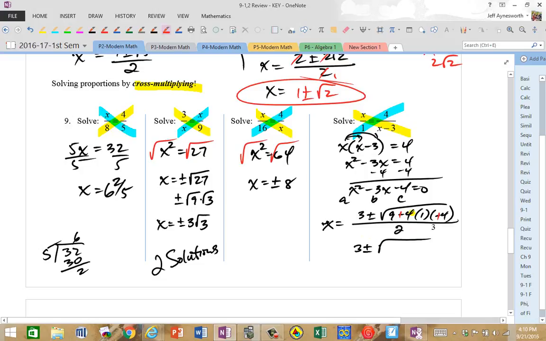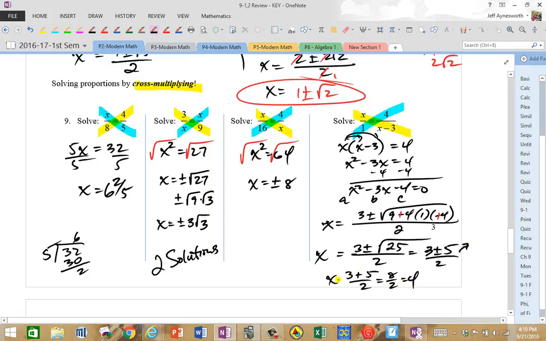Okay, look right here, double negative again. So 9 plus 16, 25. So the square root of 25 divided by 2. So that's equal to 3 plus or minus 5. Got to simplify the root, divided by 2. Okay, so 3 plus 5 divided by 2 is equal to 8 divided by 2, or 4.